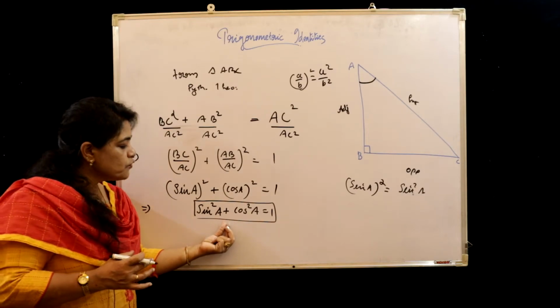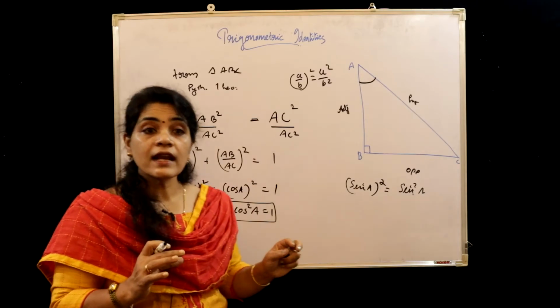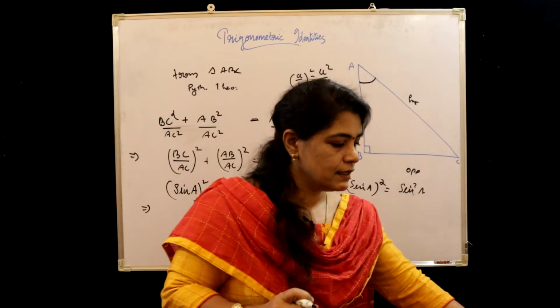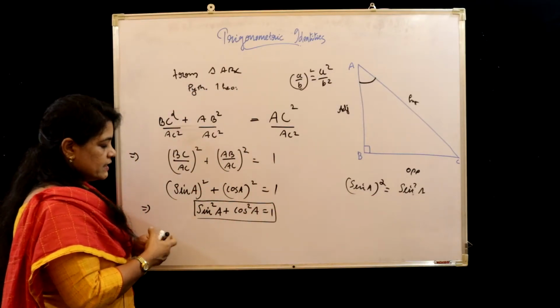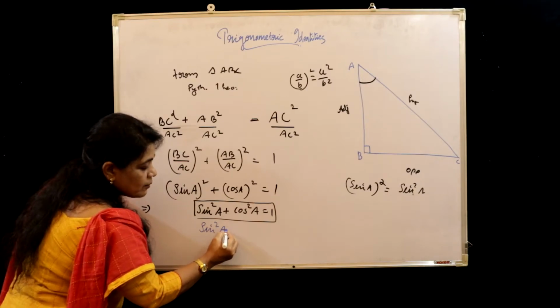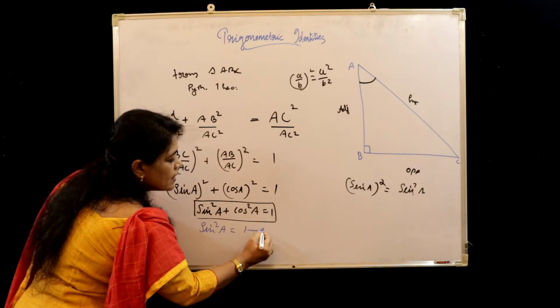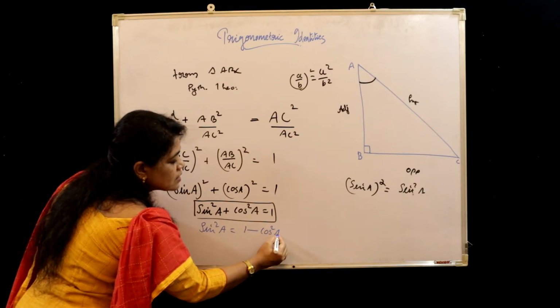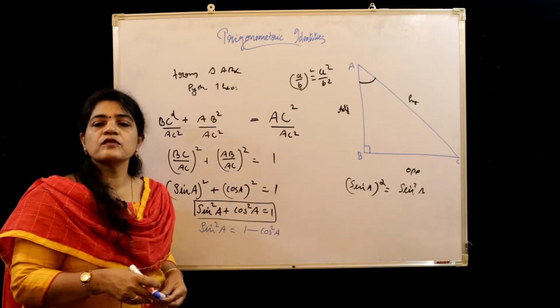From this first identity, children, sine square A can be expressed in terms of cos square A, that is 1 minus cos square A. This is a very important result that we get from the first identity.